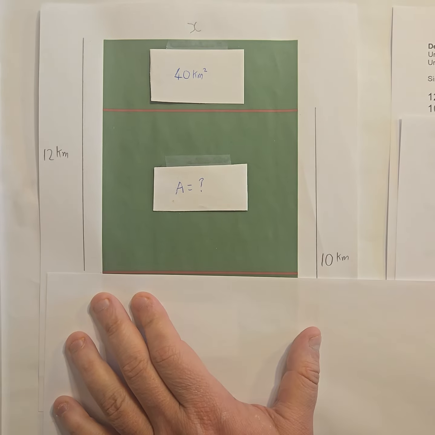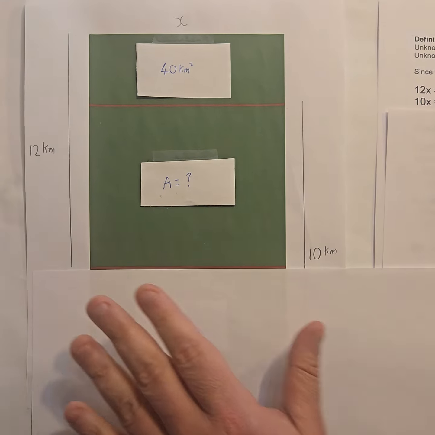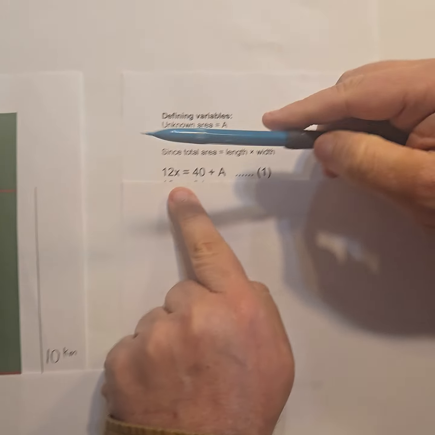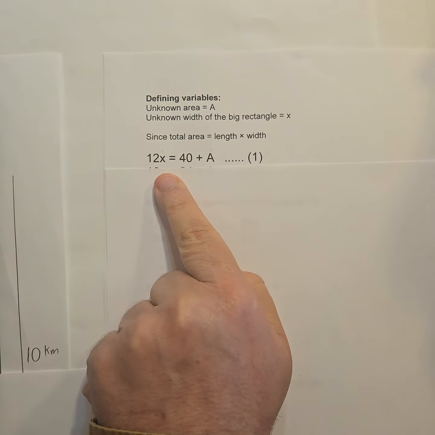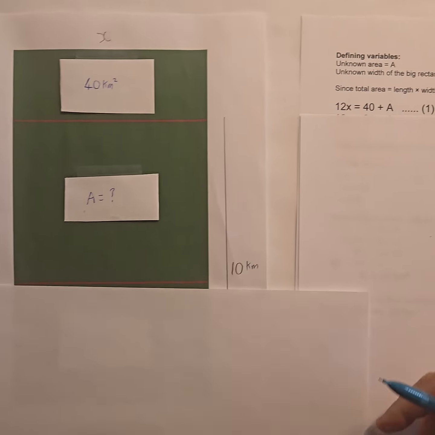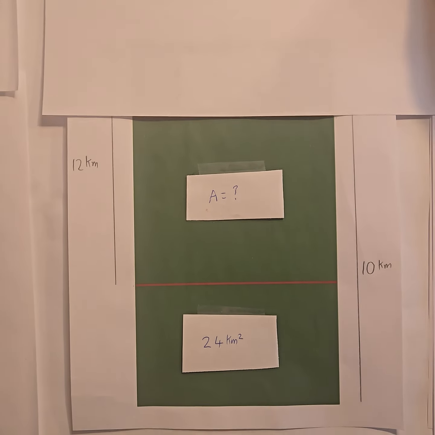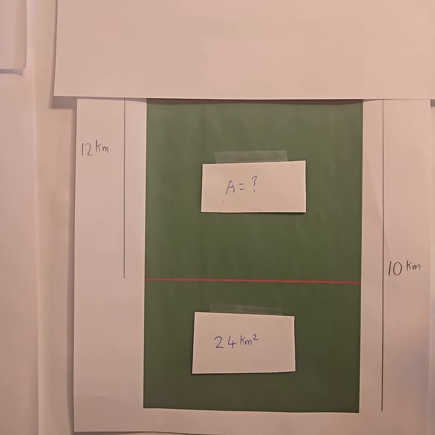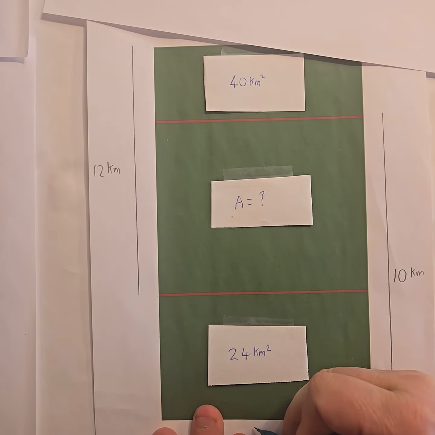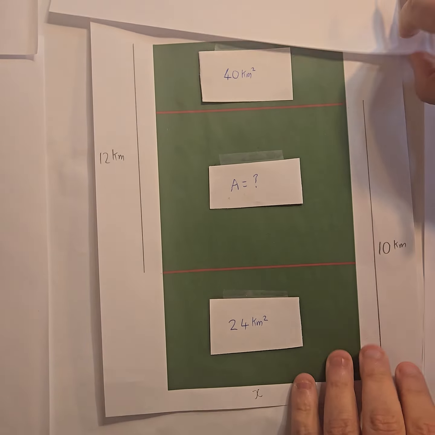Length times width is the area of a rectangle. There I wrote it down. 40 plus a is 12x. That's a short way of saying 12 times x. And it's the exact same concept for these two. Remember, I called that x. I can write it here as well so we don't get confused.